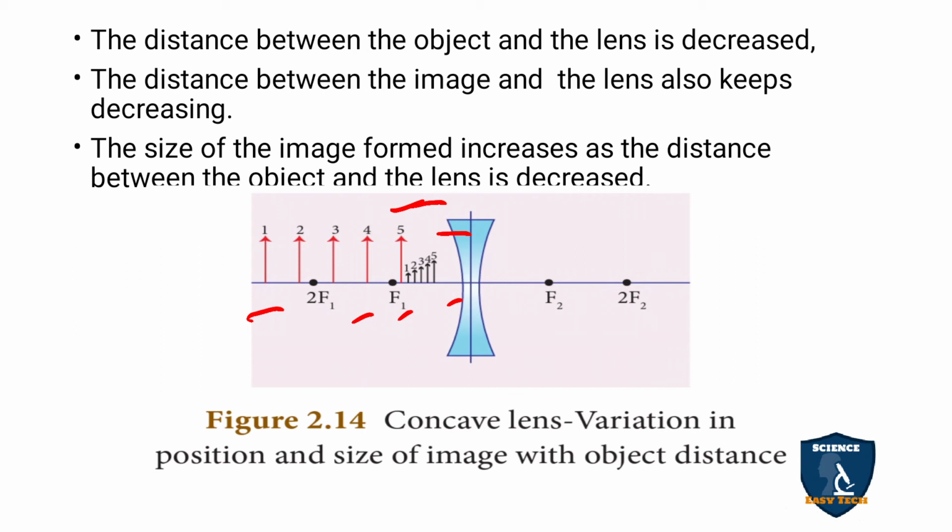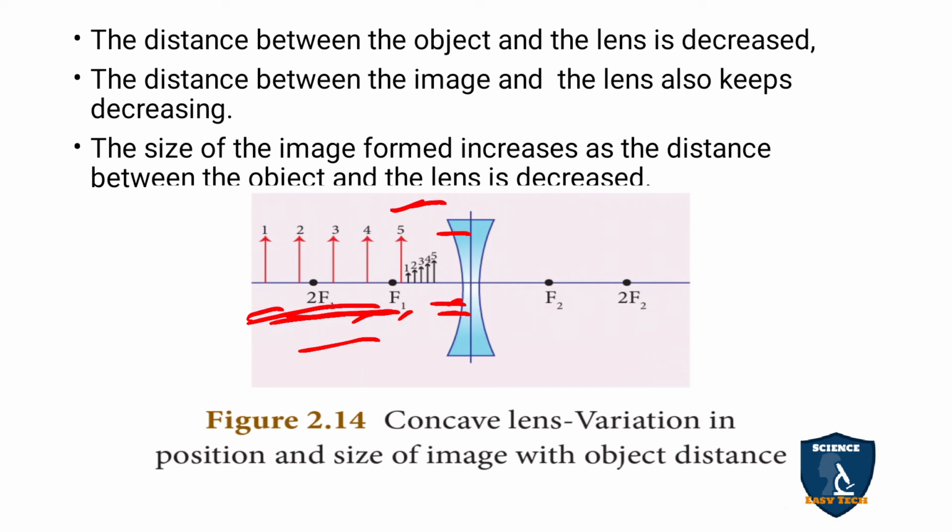So first you must know that the object distance is decreased. In the same way, the gap between the lens and the image is also decreased. Now how does the size of the image change? When the object distance is decreased, the size of the image increases.